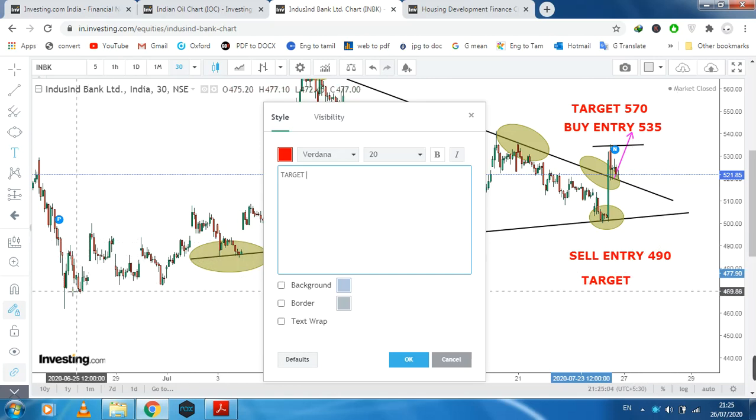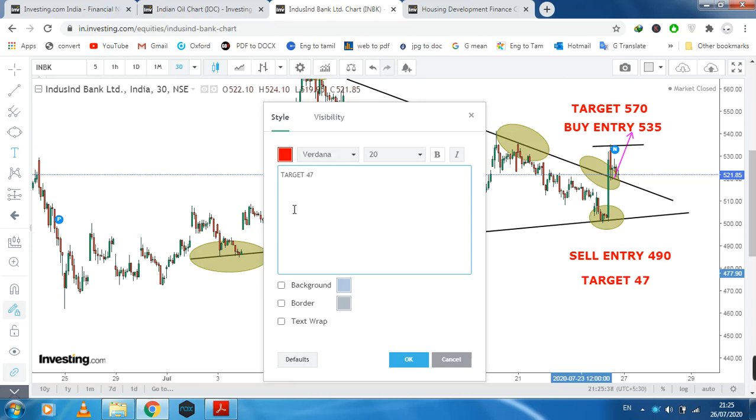Because this is the previous time of this consolidation area. So this market has a chance to reach it, but can't break it, this is the previous resistance, and go down, because a lot of time was spent here, right? Okay, that is the reason I put this minimum, which is 473, right? Okay, this is a good target for the sell entry, right? It can go more down, but this is clearly a good target.